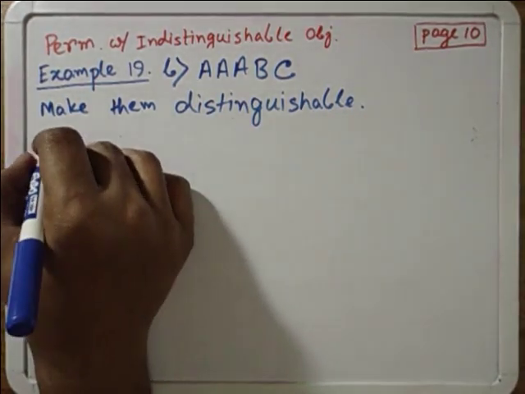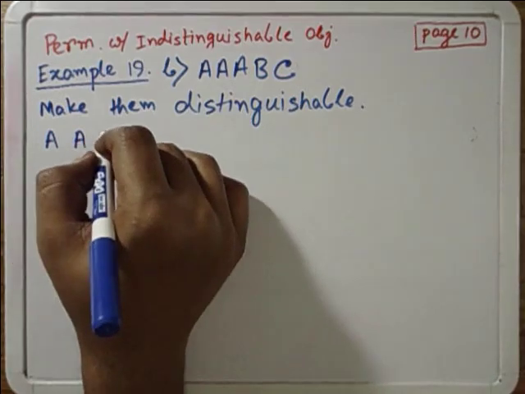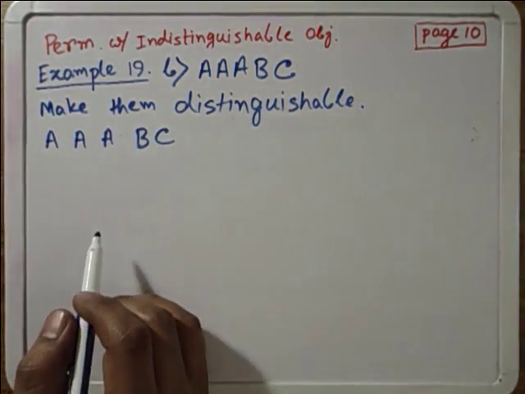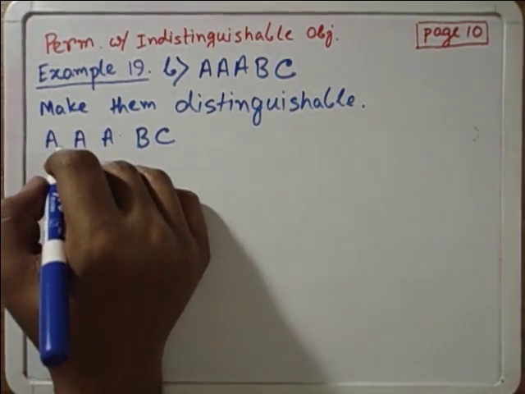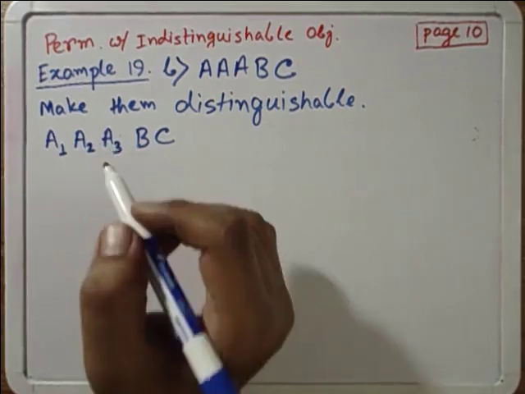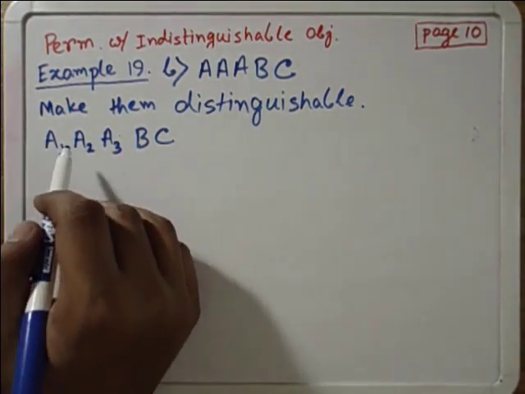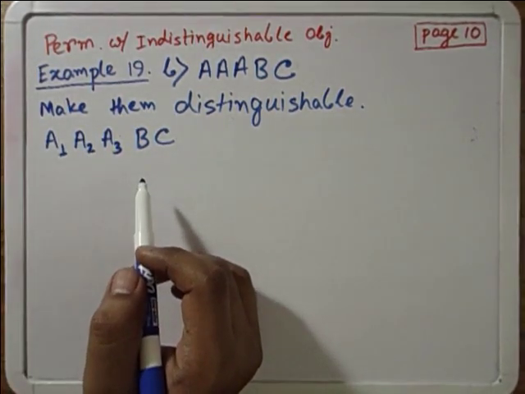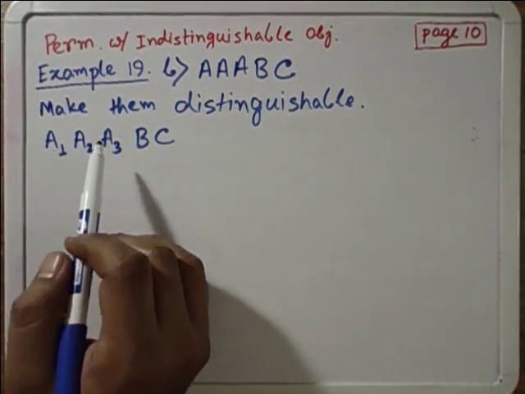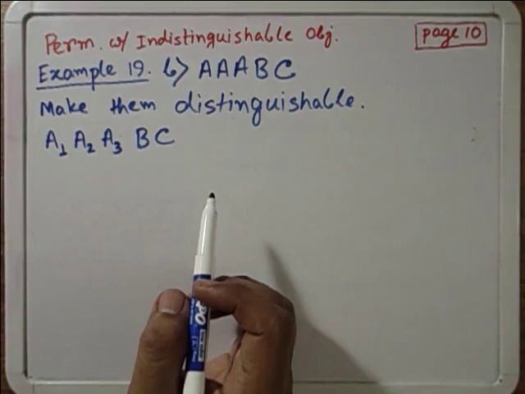So we have the letters A, A, A, B, C. They all look the same, so let's first make them different. A1, A2, A3. Now that we numbered them differently or labeled them, they are all different. So now they are distinguishable.